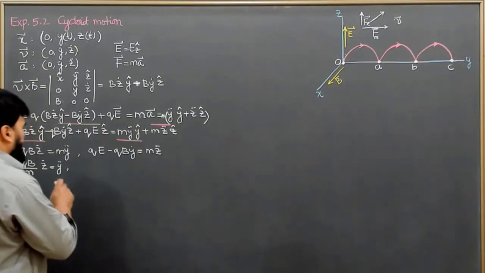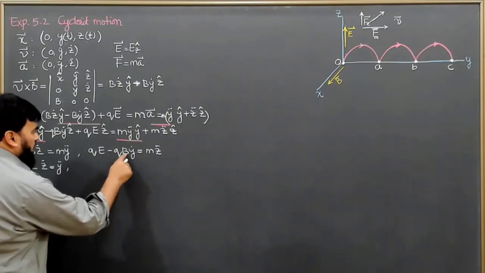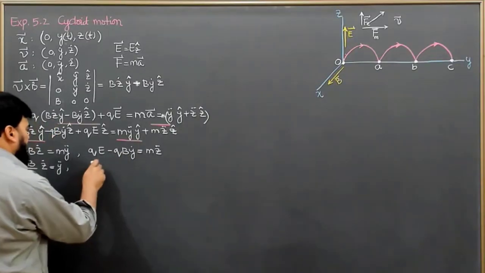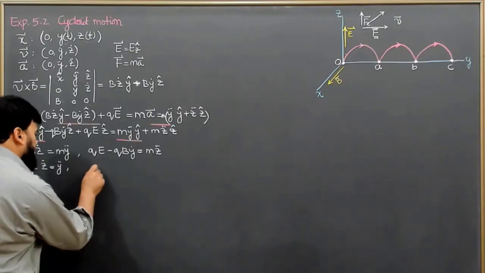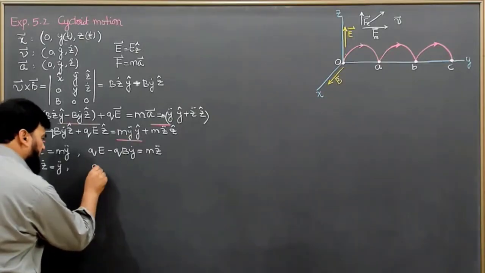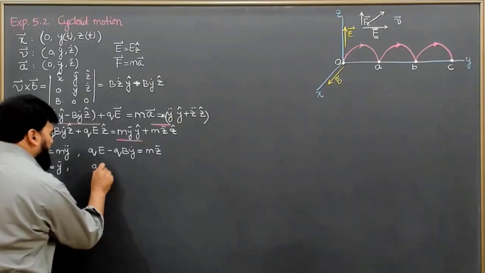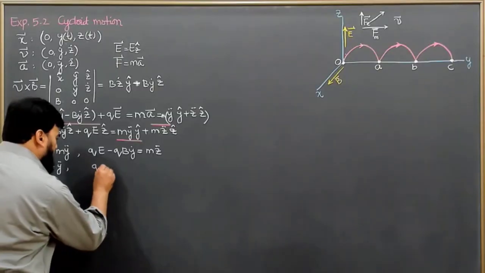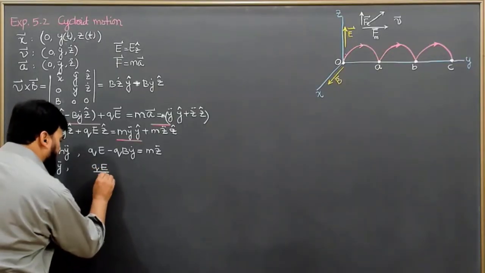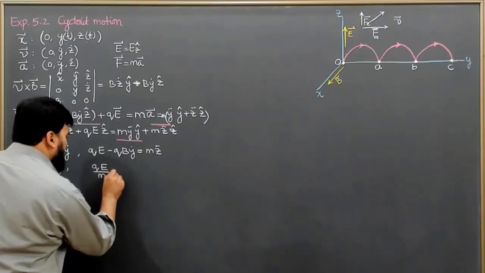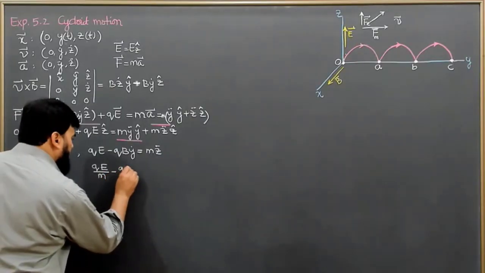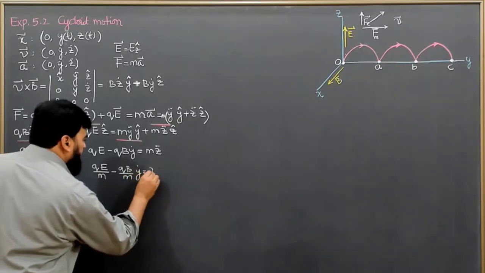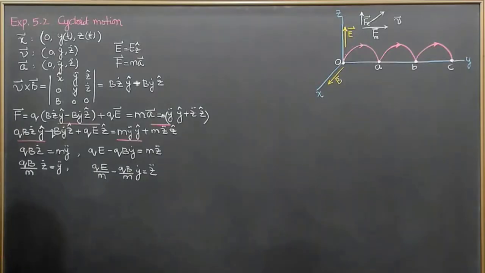Similarly here, if I divide the whole thing by m, then I will have QE over m minus QB over m y dot, and this is equal to z double dot.